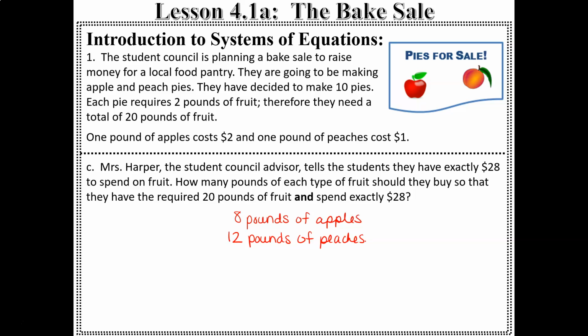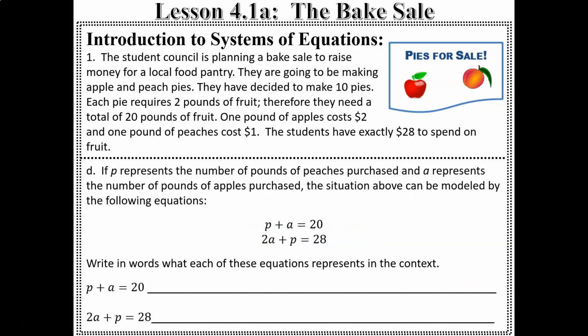So let's go on to letter D. So if P represents the number of pounds of peaches purchased and A represents the number of pounds of apples purchased, the situation above can be modeled by these 2 equations. P plus A equals 20 and 2A plus P equals 28. And the situation meaning they have $28 to spend. So let's write what each of those equations are in words.